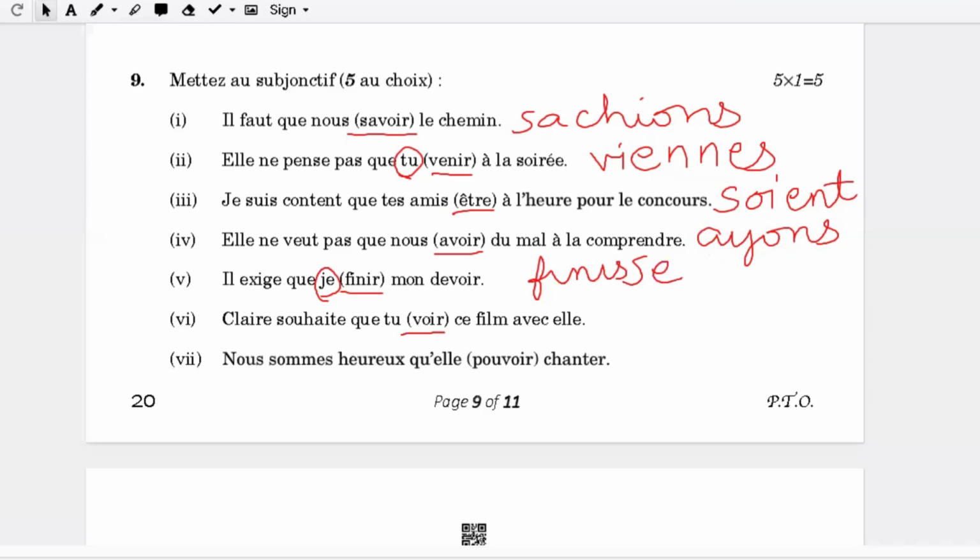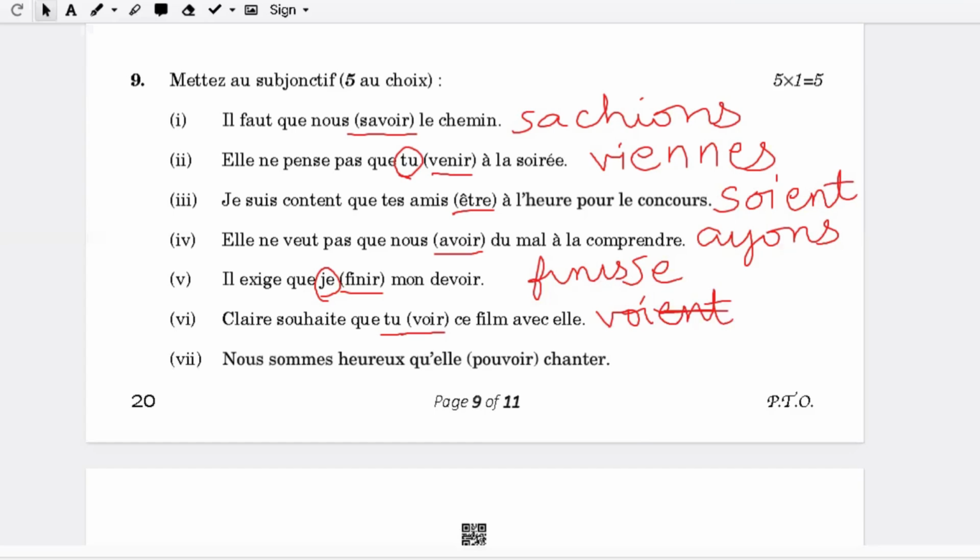Then we have the verb voir. Do we have it in the irregular verb list? No. Do we have the subject pronoun nu and vu to bother us? No. So straight away, VOIENT. As per my rule, I will remove my ENT and what is left? VOI.